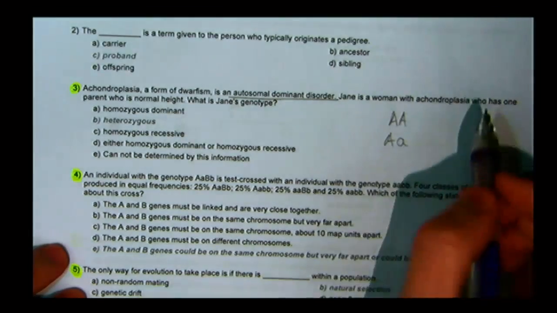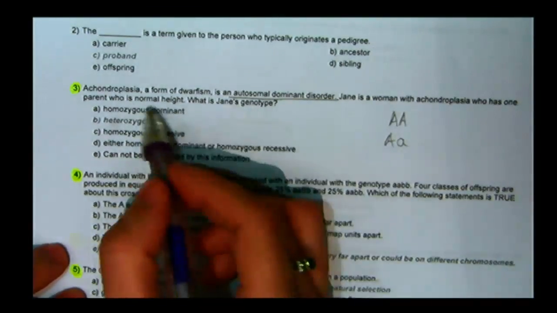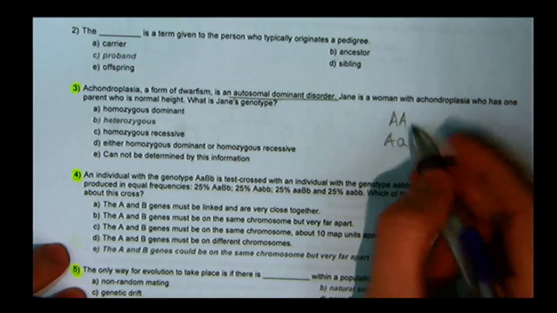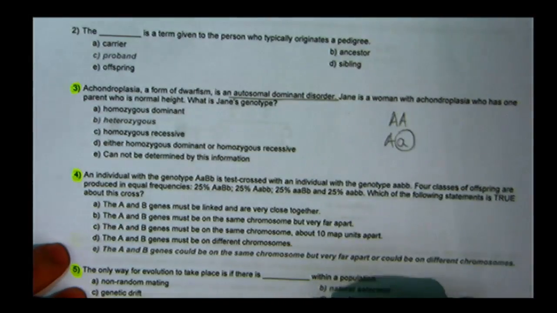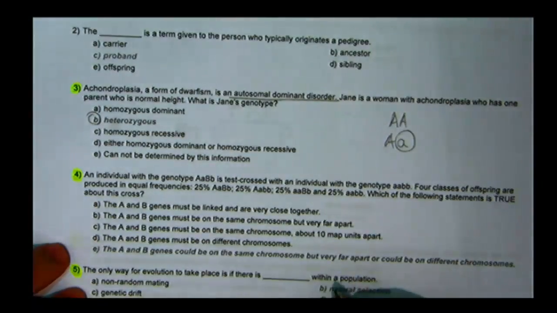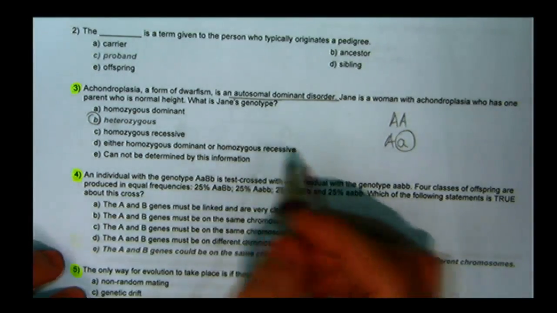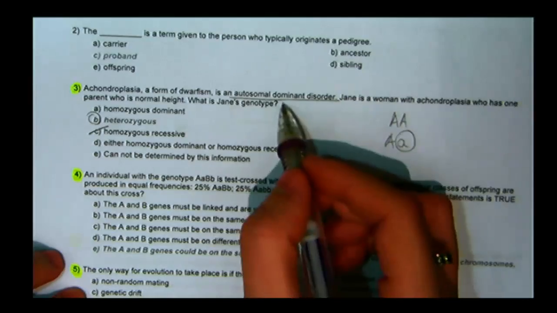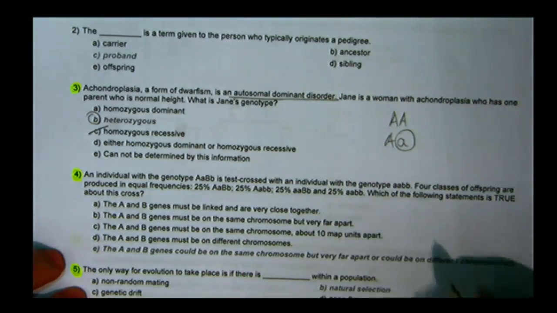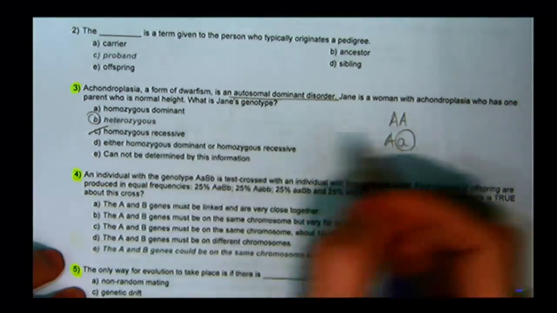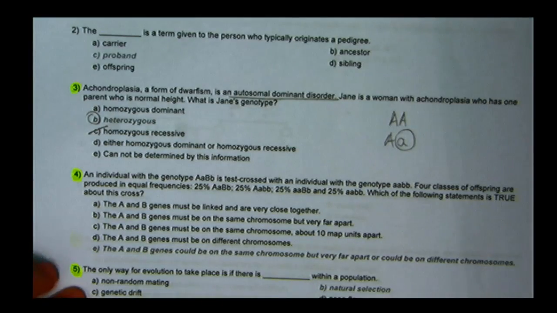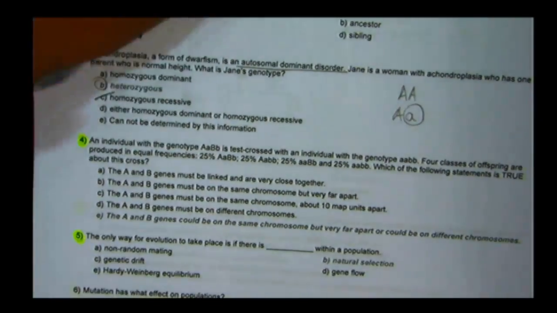Okay, so you're doing a test cross here. Big A, little a, big B, little b, so a heterozygote, and you're crossing them with what you would expect, a homozygous recessive individual. And you have 4 classes of offspring in equal frequencies, 25, 25, 25, 25, or you can think of it in ratio terms, 1 to 1 to 1 to 1. So what has to be true?